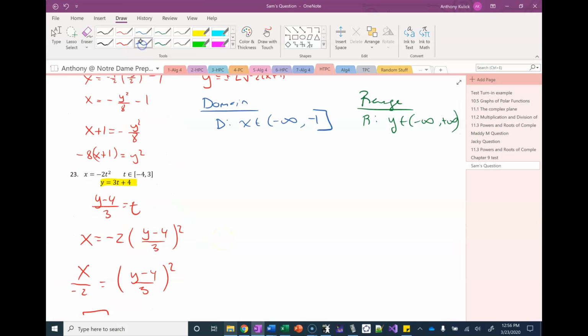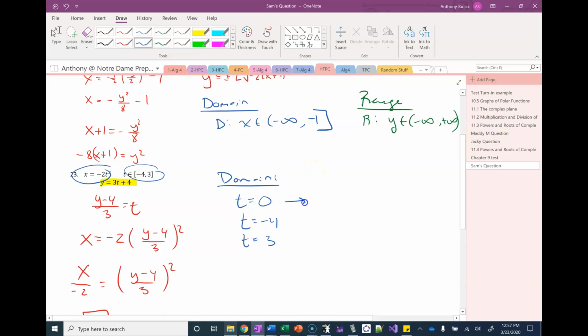So let's then worry about the domain and range. For the domain, we're going to be looking at our x. Again, we're going to worry about the y coordinate of the vertex of this quadratic. And we know the vertex of that quadratic happens when t is 0, just like before. And then notice here that the interval for our t's is not all real numbers. So I'm also going to be concerned about when t is at each of these endpoints.